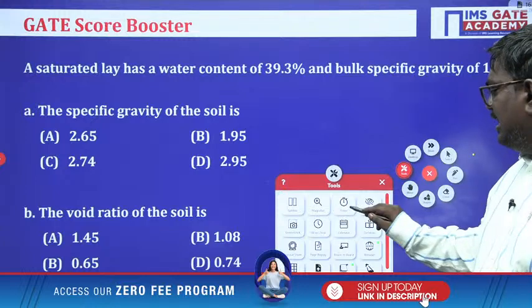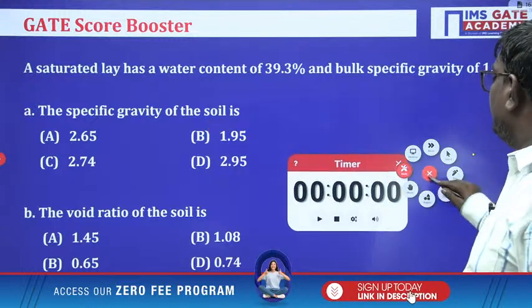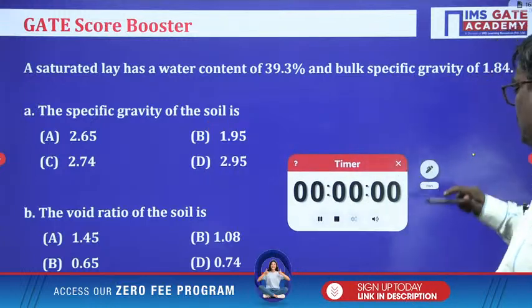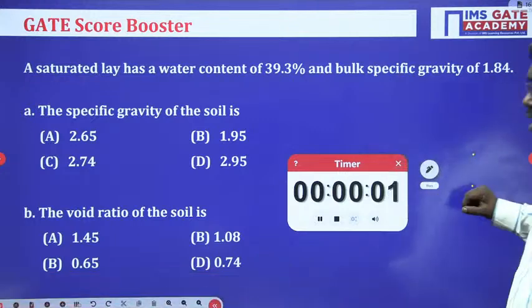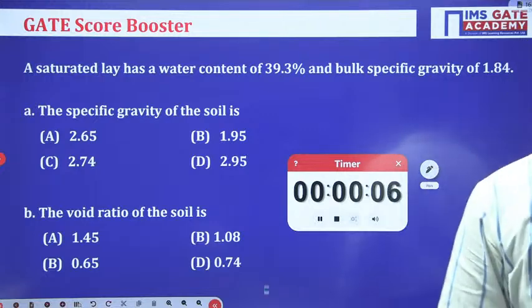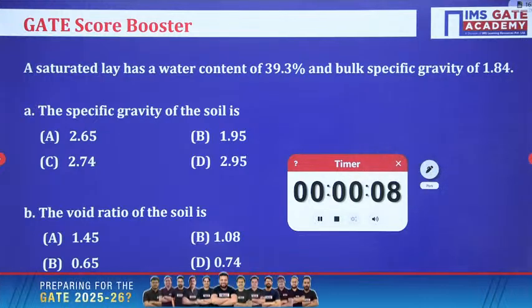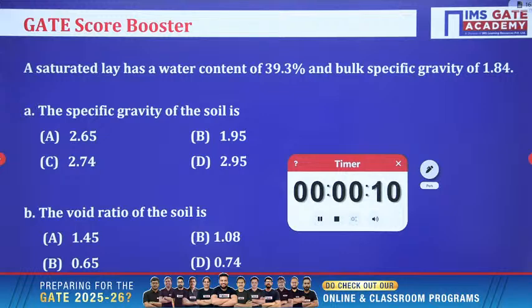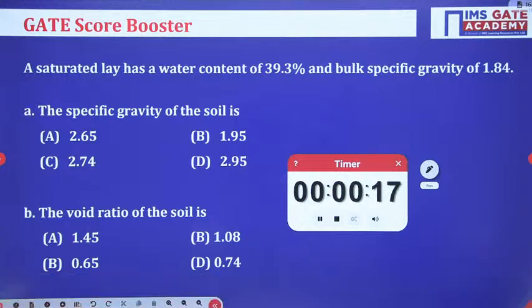So first of all, when I give you timer, sir, try to read the question. If you are unable to solve the question also, it is the time to solve by reading the question. Okay. A saturated clay has a water content of 39.3 percent and a bulk specific gravity of 1.84.